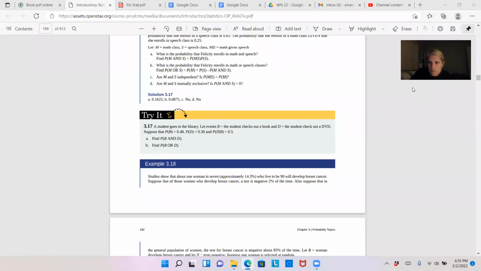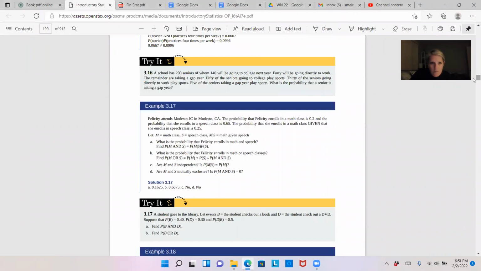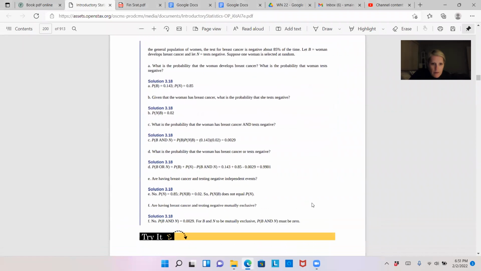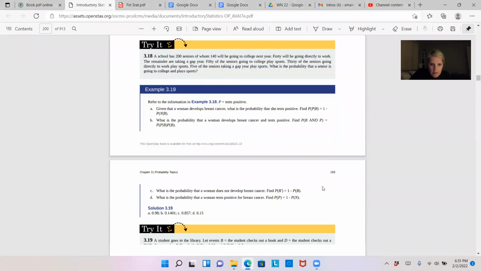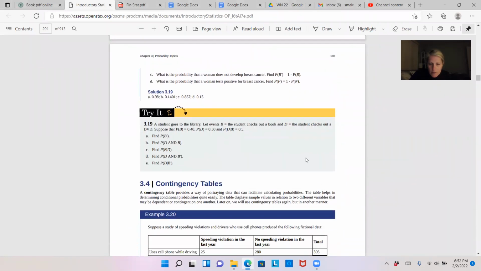So let's go to try it 3.19, and that is on page 193.